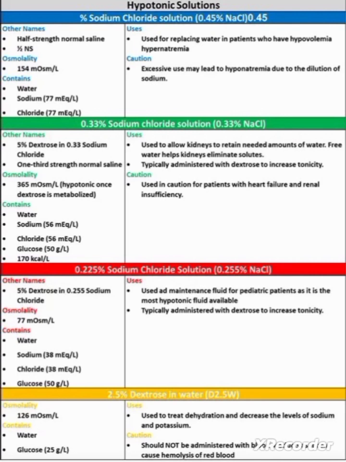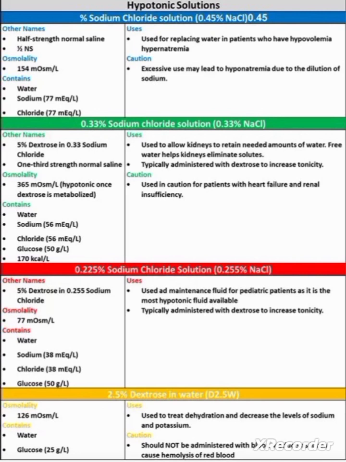The main use of 0.25% sodium chloride is as a maintenance fluid for pediatric patients, and it is administered with dextrose in order to improve the tonicity.